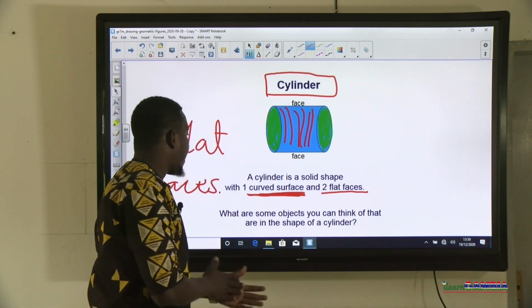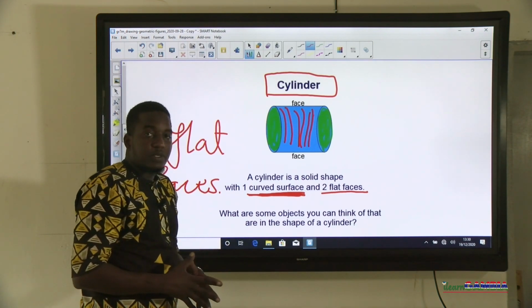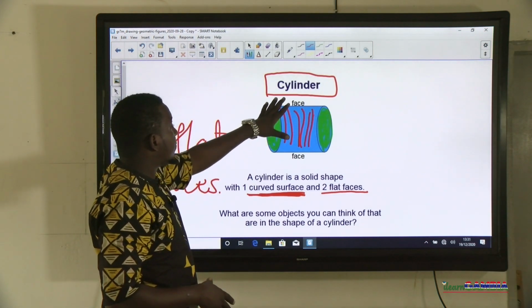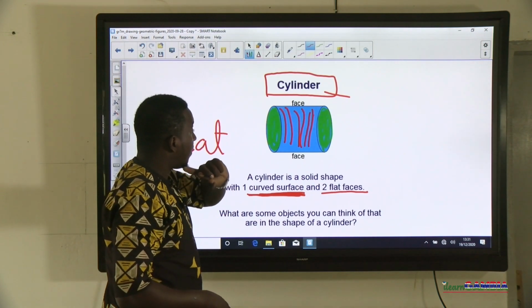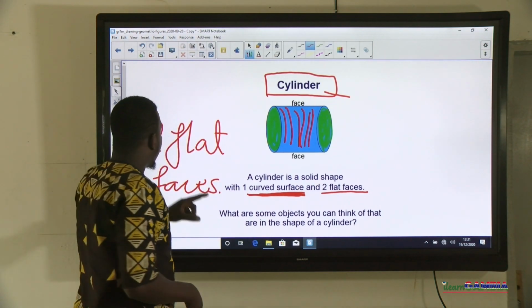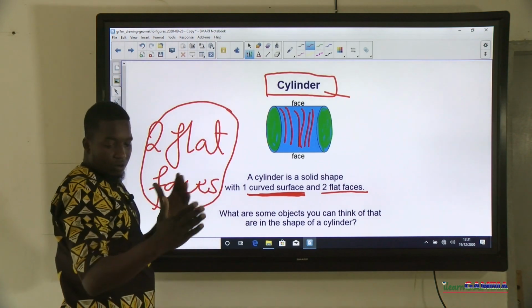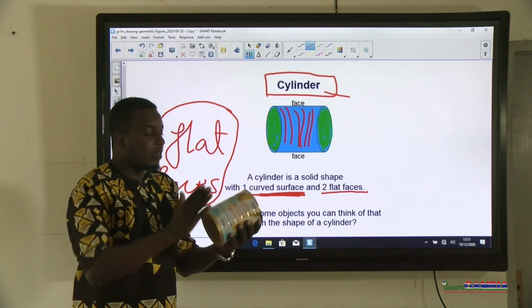So what other objects or solid shapes can we think of in the society that we can classify as a cylinder? First, we need to take note of two things. It has two flat faces on both ends, just like here. We have one face here and the other face there.